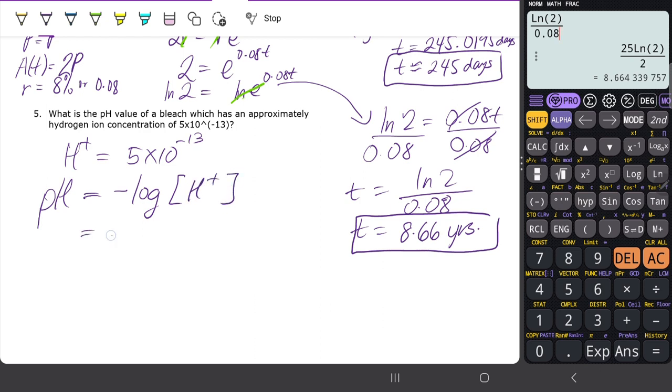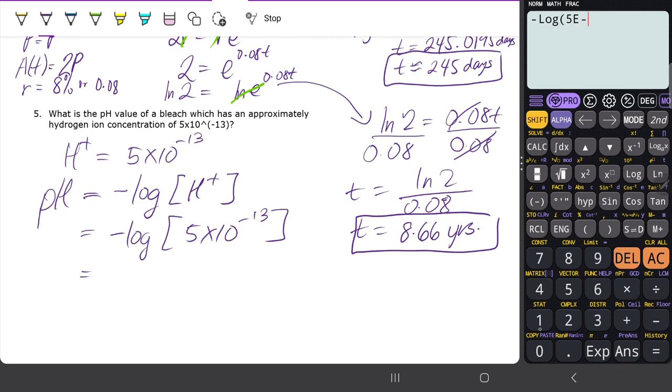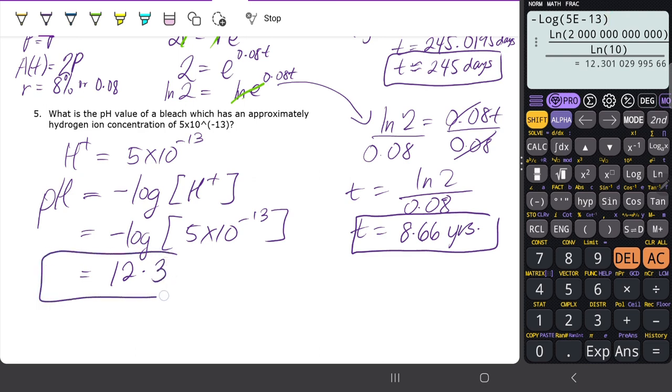So this is negative log of 5 times 10 raised to negative 13. Using our calculator, this is 12.3. So yung ating bleach ay basic.